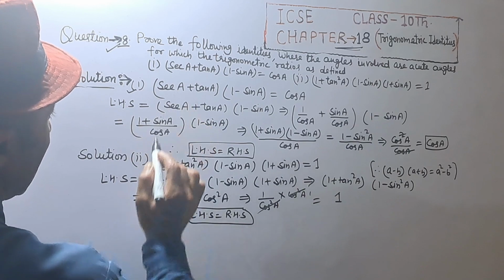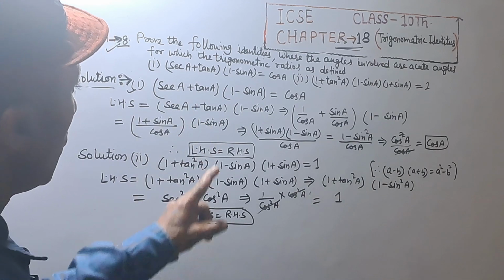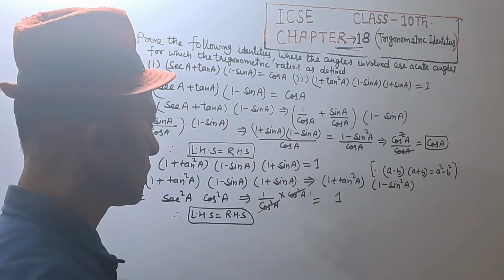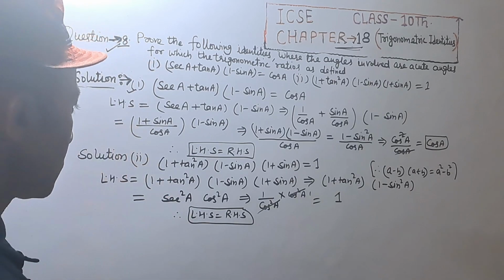First part: (secant A plus tan A) into (1 minus sin A) is equal to cos A. We are taking left hand side.